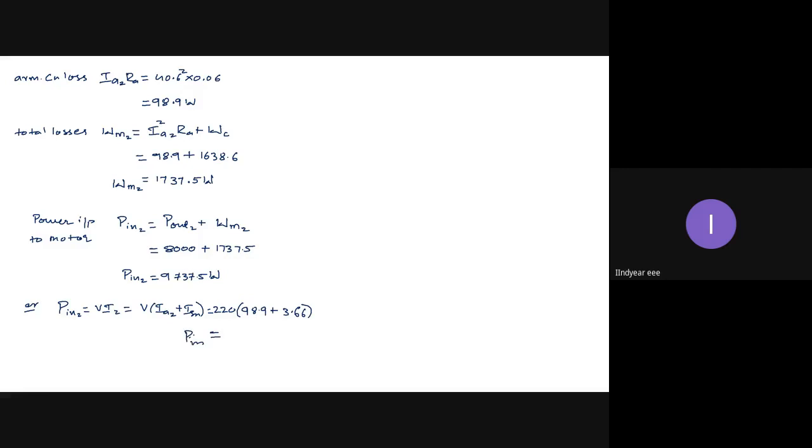Do we get the same or different? Same. There may be some difference in decimals, I think so. 9737.2. I think I made some mistake here. 9737.2 you are getting.